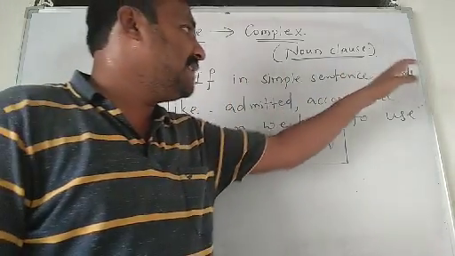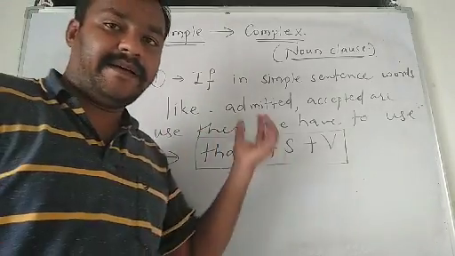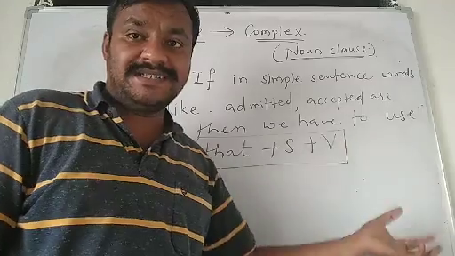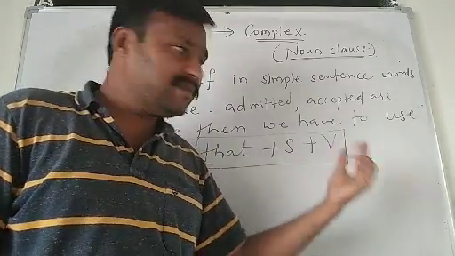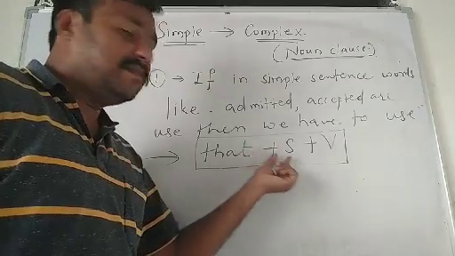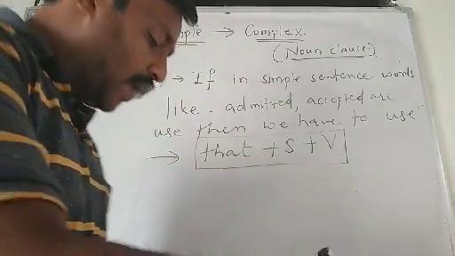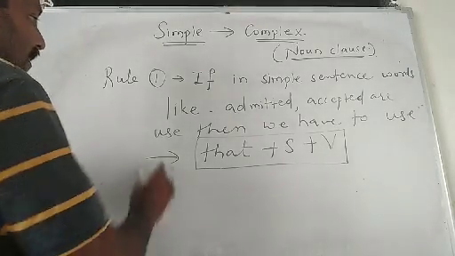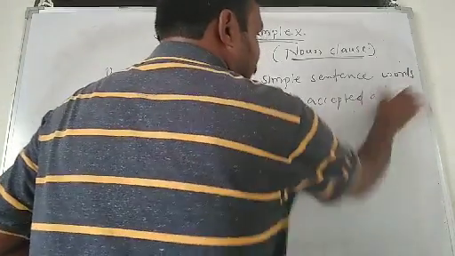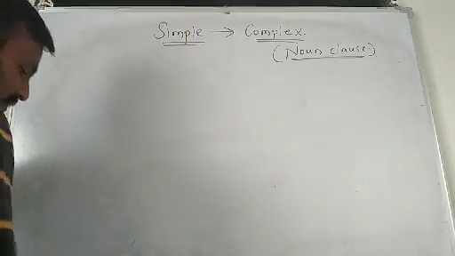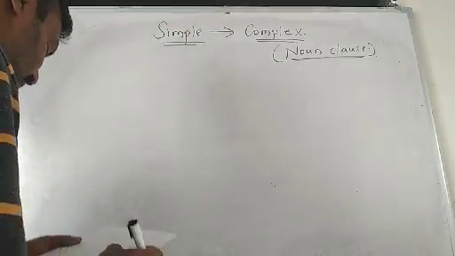If in simple sentence words like admitted, accepted, confessed, such kind of words are used, that time we have to use this structure, that, then subject, and then verb form. Let me give you one example.